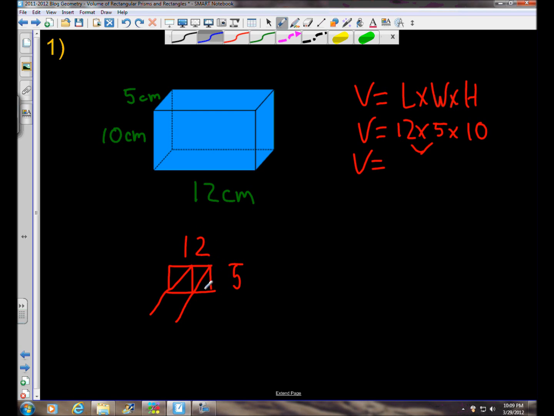All right, 5 times 2 is 10. 5 times 1 is 5. Add diagonally, and we've got 60. You may have known that if you know your 12 facts. Excellent, good for you. So we now have 12 times 5 was 60 times 10.